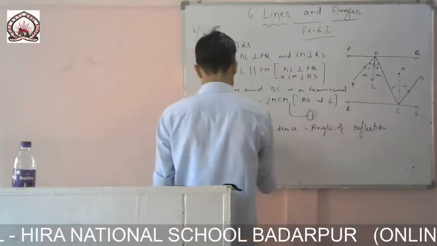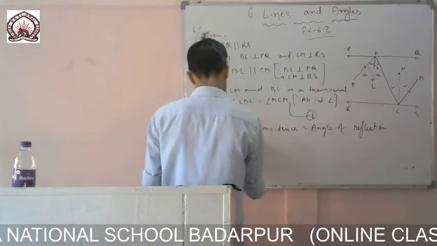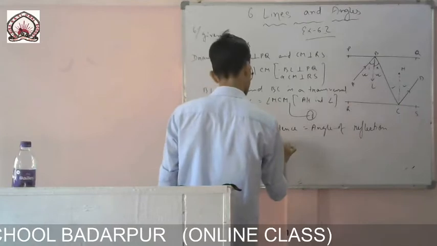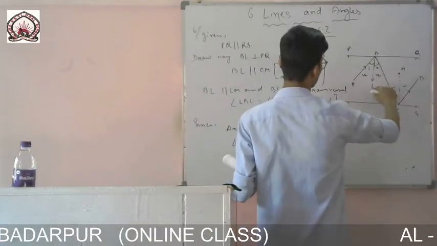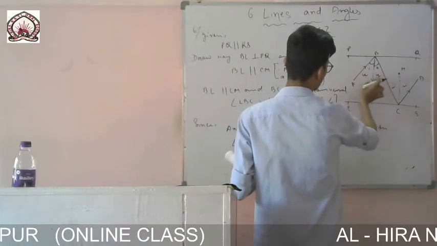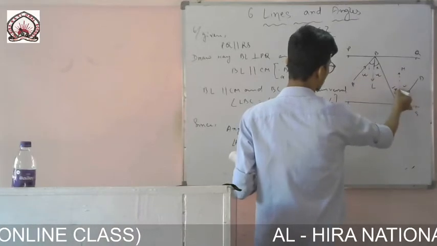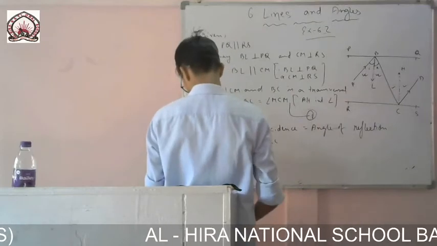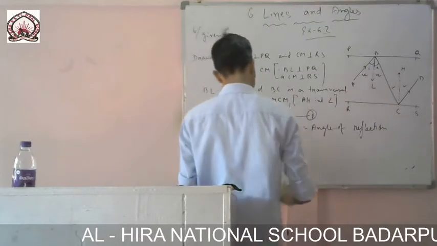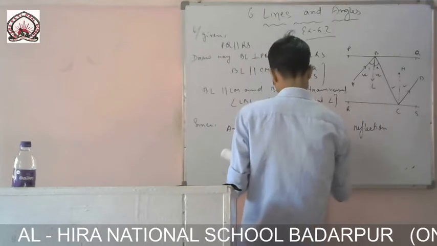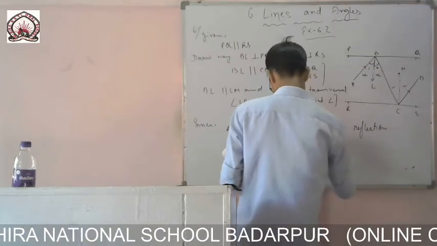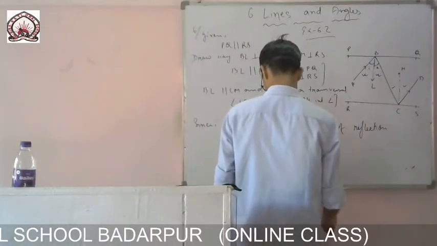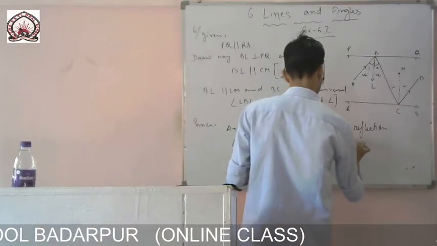So I can write it like this. Therefore angle ABL will be equal to angle LBC. These two angles are equal; I have given them two tick marks. And these two angles are equal, so I have marked them so that you can see. So angle ABL will be equal to angle LBC and angle MCB will be equal to angle MCD.